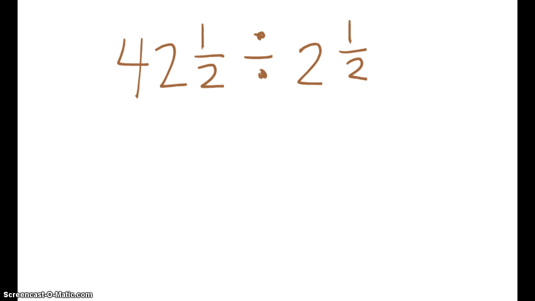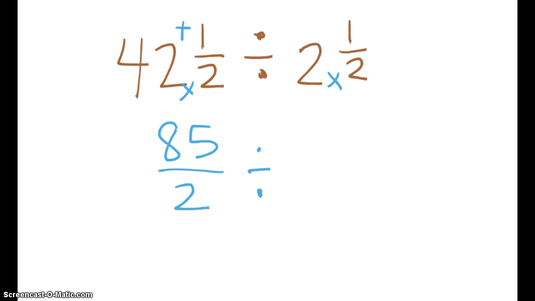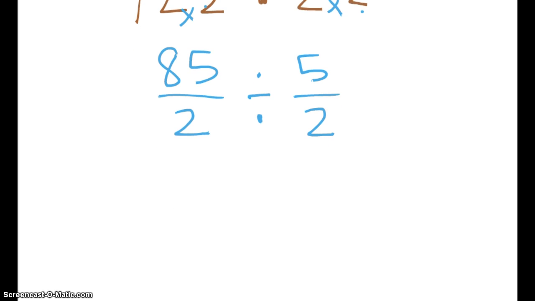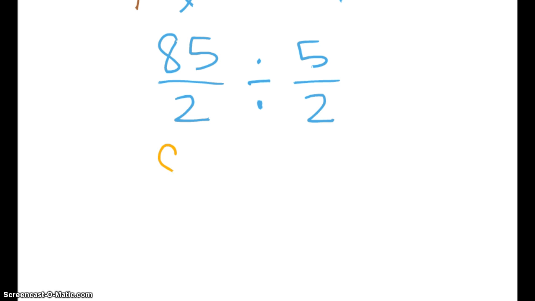So we're going to do 2 times 42 is 84, plus 1 is 85 halves. Divided by 2 times 2 is 4, plus 1 is 5 over 2. Our denominators stay the same. Now we're going to keep 85 halves, and we're going to multiply it by the reciprocal.